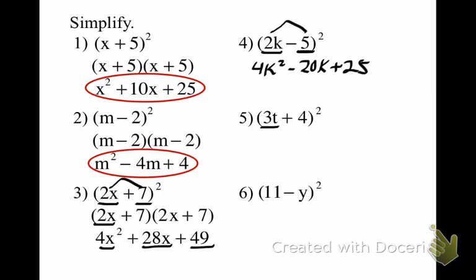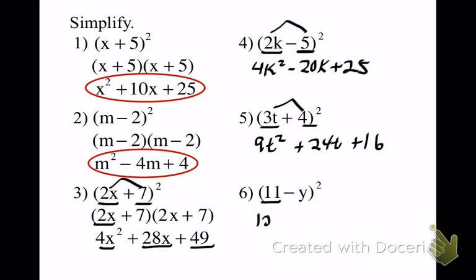Okay? 3t is 9t squared. This one's going to be 16. When I multiply them together, it's 12t times 2 makes 24t. Don't forget that plus 16.